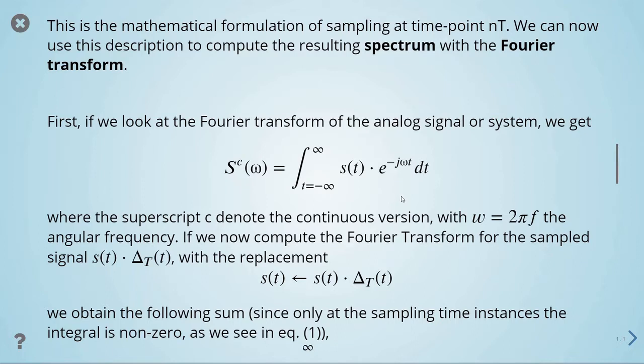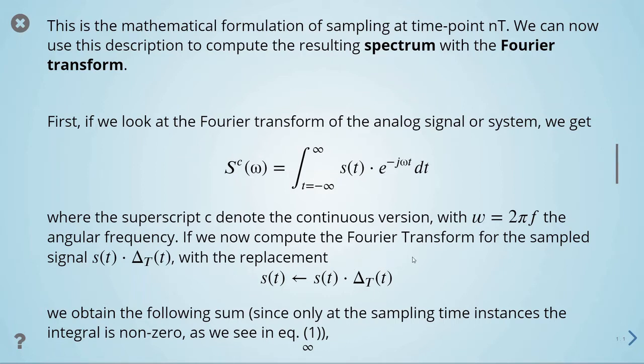If we now compute the Fourier transform for the sampled signal, where we multiply our signal with the train of Dirac impulses, we can make this replacement. We substitute s(t) by the sampled version, which is s(t) times this Dirac sequence.